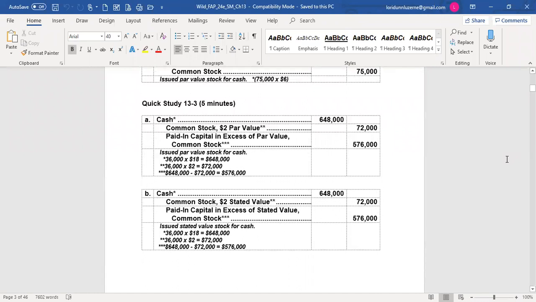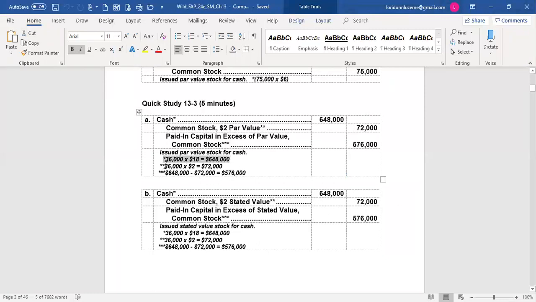Prepare the journal entry to record Jevenna Company's issuance of 36,000 shares of its common stock. First, assume the shares have $2 par value and they sell for $18 cash per share. So how much did they sell them for total? $18 a share times 36,000 shares. 648,000 is the total amount of cash.